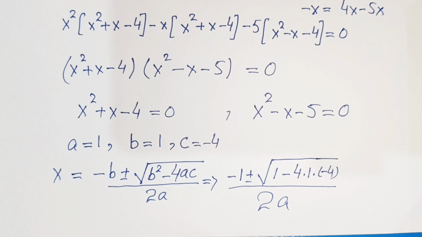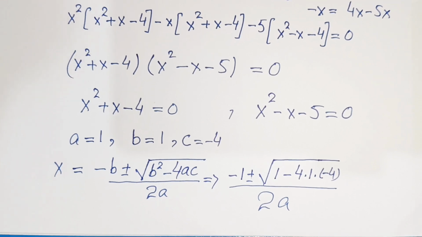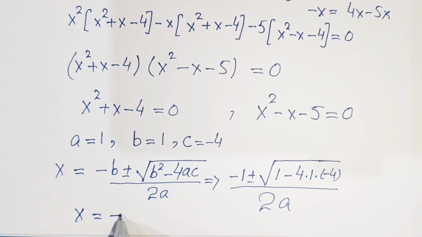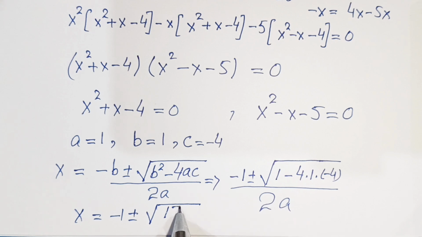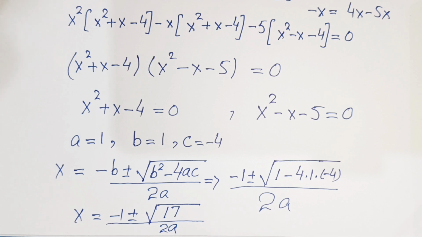Here we get the value of x: x is equal to minus 1 plus minus square root of, minus times minus is plus, 4 times 4 is 16, so 16 plus 1 is 17, all over 2 times a.